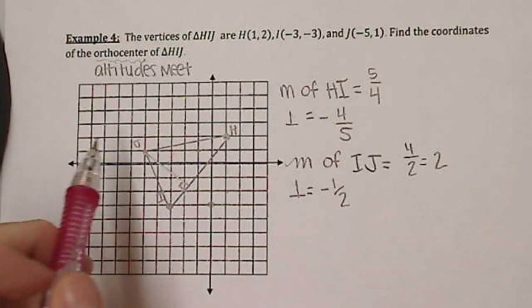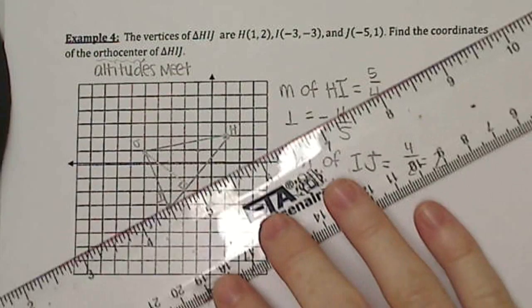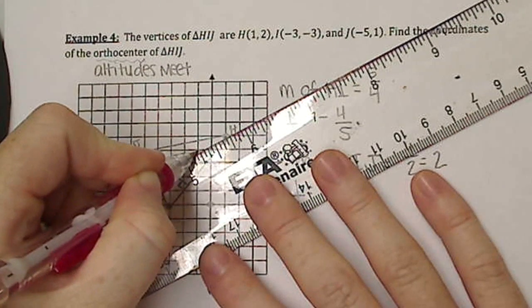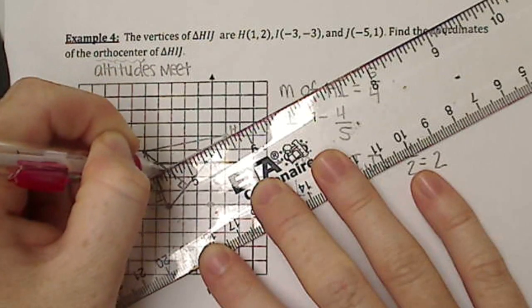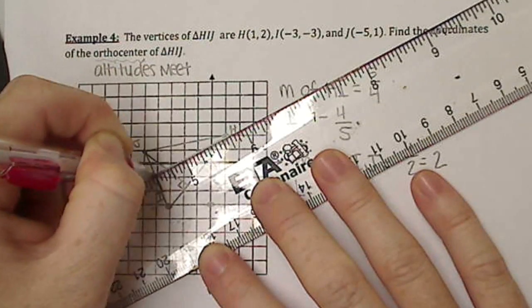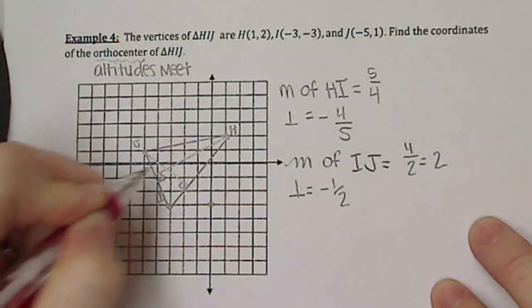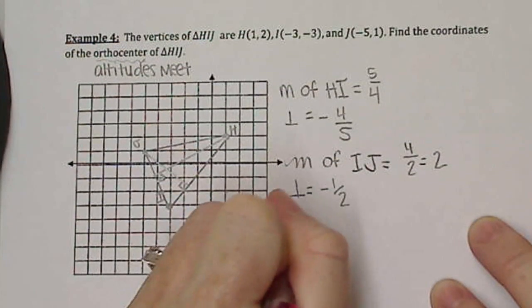This point right here is going to be on that line. So I'm going to take my ruler and connect this point that I drew to H, and connect it all the way to side IJ. There's the second altitude. I need one more.